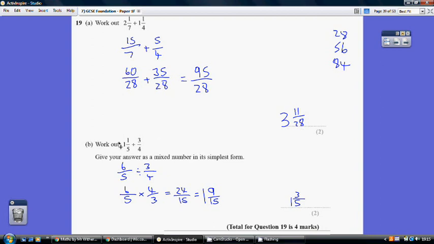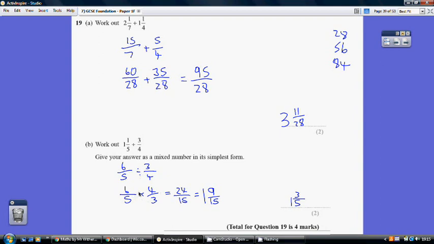Now part B, again as always, start off by converting from a mixed number to a top-heavy fraction. So 1 1/5 is 6/5. Now when I'm dividing, what you do, you keep the first fraction the same, change it from being a division to a multiplication, but flip the second fraction over. So it's no longer 3/4, it's 4/3.